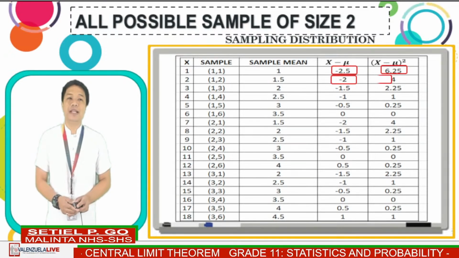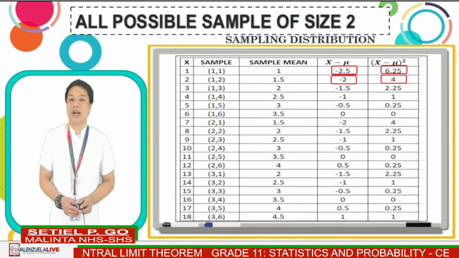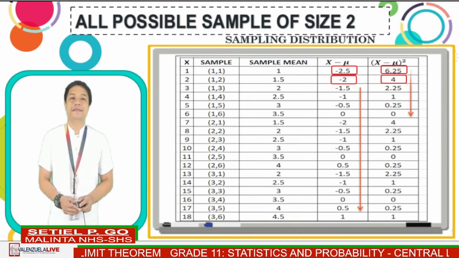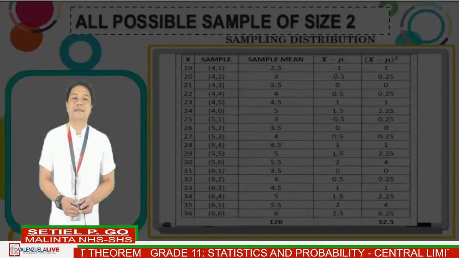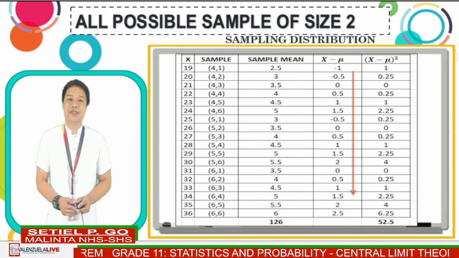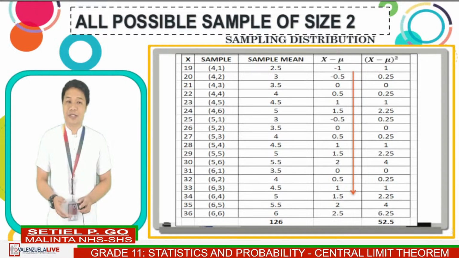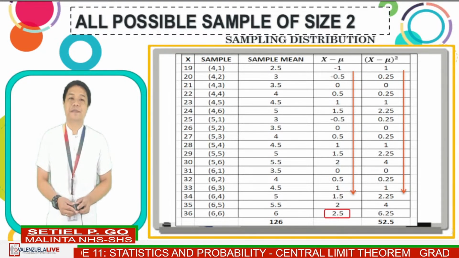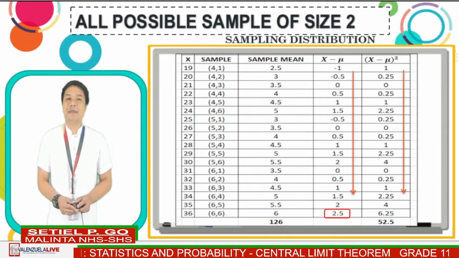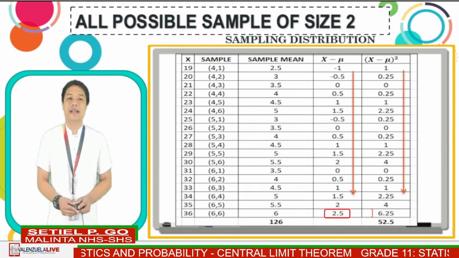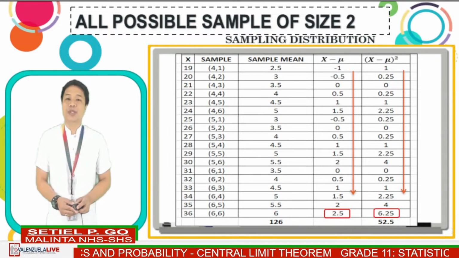Squaring negative 2, the result is positive 4. The process continues until 5.5 minus 3.5, which is the mean, the result is 2. If you square, the result is 4. And lastly, we have 6 minus 3.5, the result is 2.5. If you square, the result is 6.25.